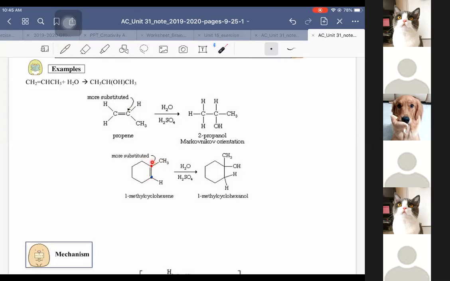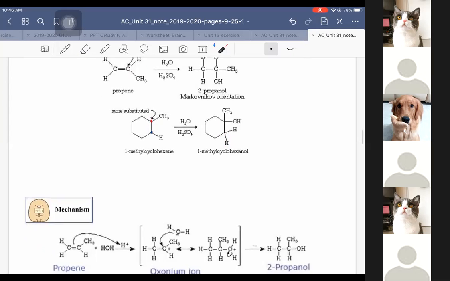So we say the red carbon is more substituted. Hence, your hydroxyl group should be added onto this carbon. Then you can draw the product like this: the hydroxyl group is added to the more substituted carbon, and the hydrogen atom adds onto the other side of the double bond and gives you the product.